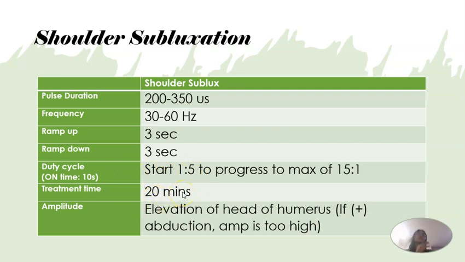So what is the amplitude? Again, there is no certain measured number of milliamperes to apply. That's why we keep saying that the level of current amplitude that you apply to a patient differs between individuals. To know whether to stop, you stop if you see an elevation of the head of humerus.